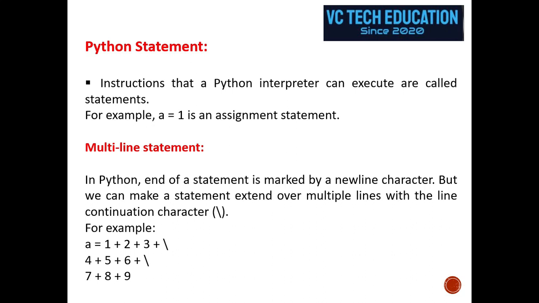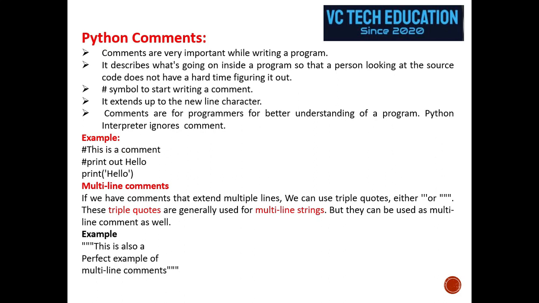Example, a = 1 + 2 + 3 + \, that means it is continuing in the same line, 4 + 5 + 6 + \, 7 + 8 + 9. The total statement is a = 1 + 2 + 3 + 4 + 5 + 6 + 7 + 8 + 9. So this is about the multi-line statement in Python.